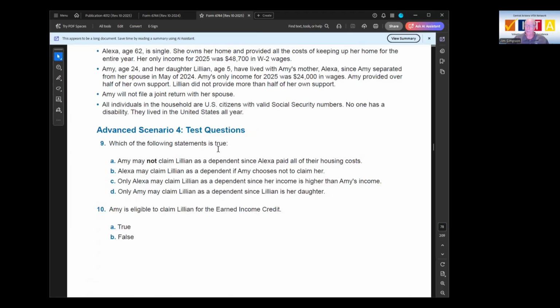I'll give you a little clue: don't just stop at the first answer. Read all of the answers. In fact, there's a section below there. If you find that both could possibly claim Lillian, then you have to look at the tiebreaker rules. And again, don't just stop at the first tiebreaker rule. Read that whole section, because I think that section in the 4012 will give you a good clue to answering this question.